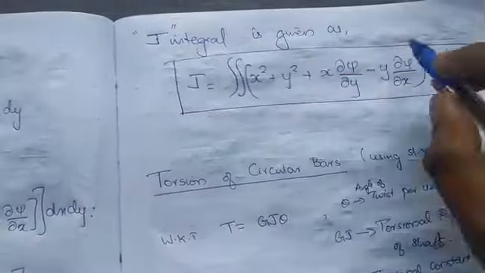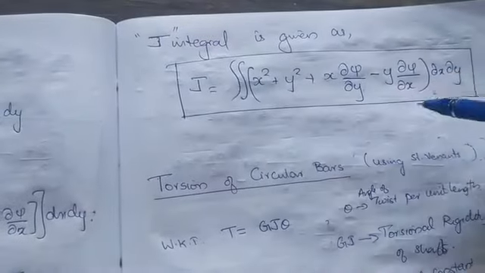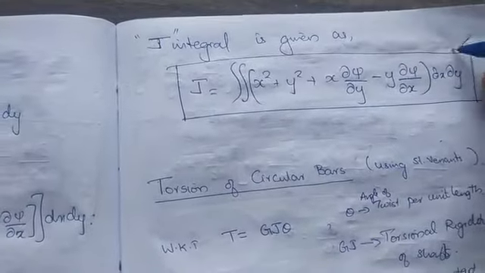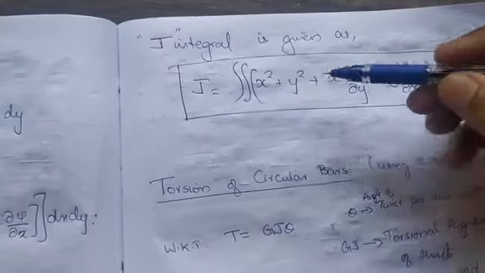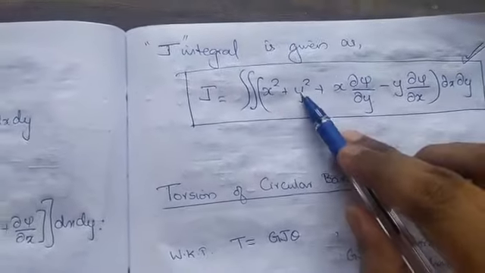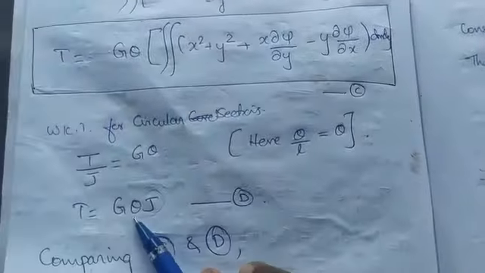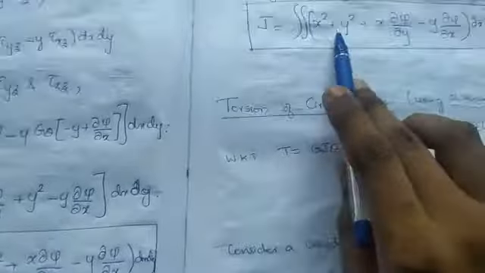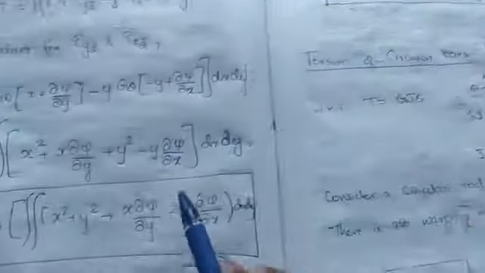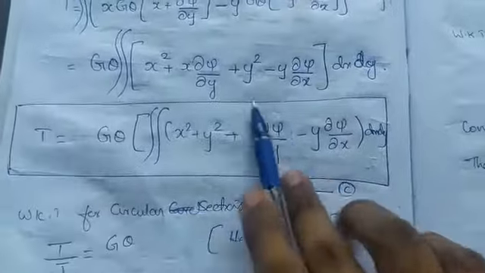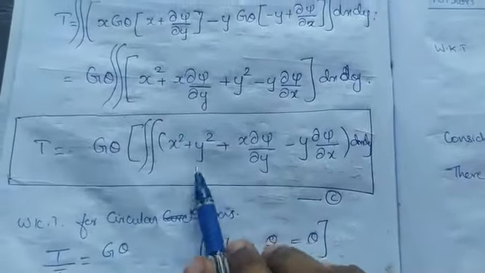This is very important. So this equation has to be formed, and you find the torque using G theta into J. To find the torque, you need to substitute in this equation.